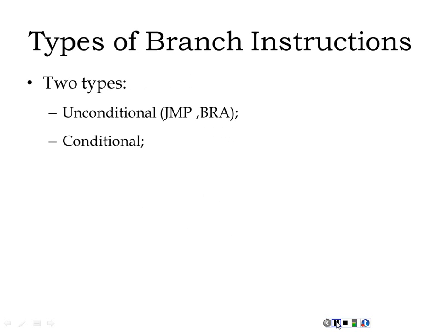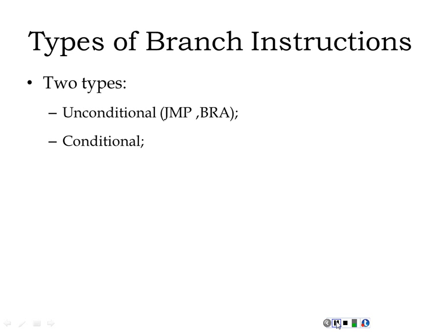Branch instructions have two categories, as we are just going to start looking at all the branch instructions. We have a list of branch instructions in the instruction set list. Some of the branches are unconditional, and there are only two: one is JMP and one is BRA.